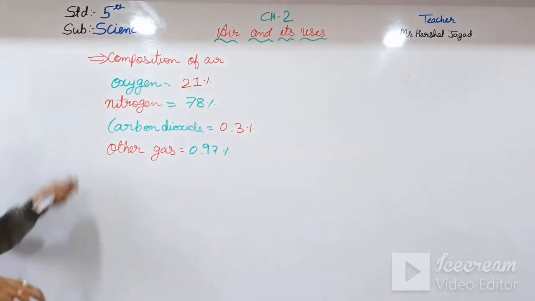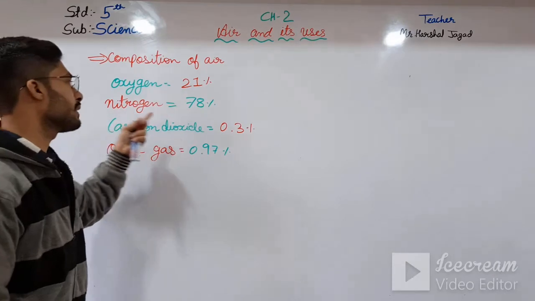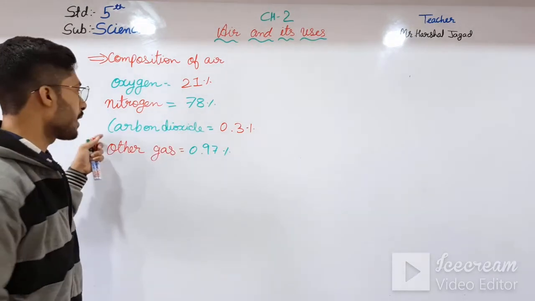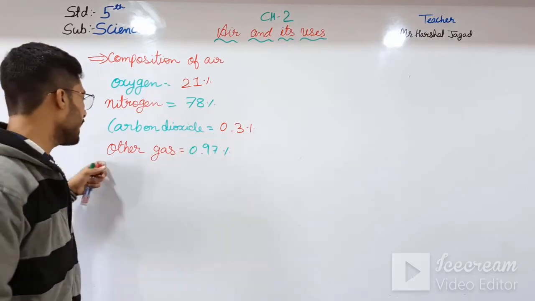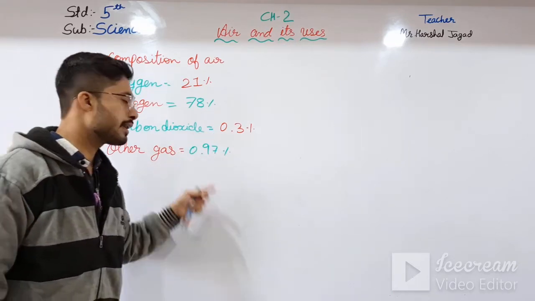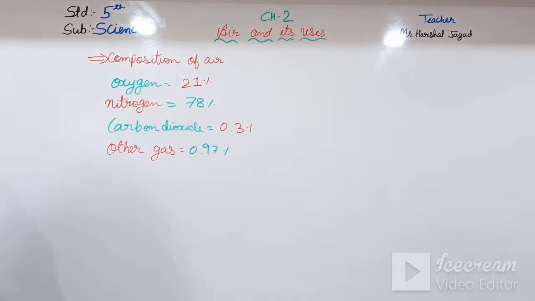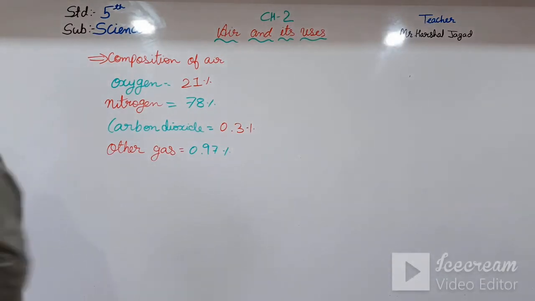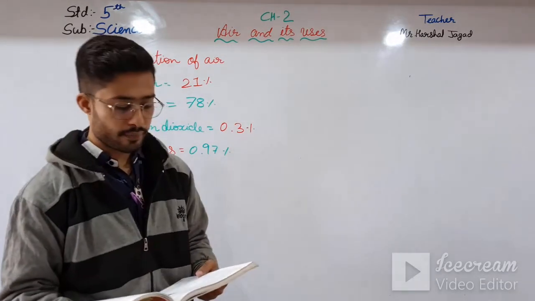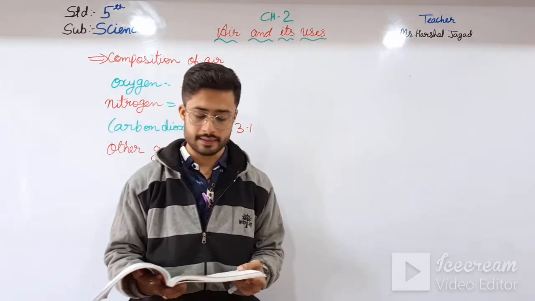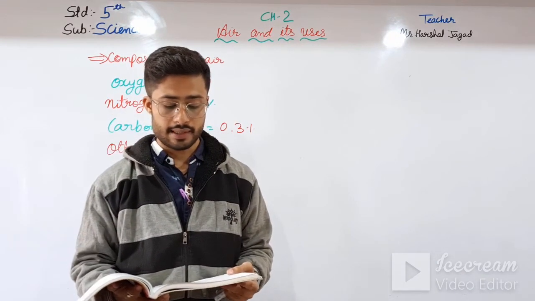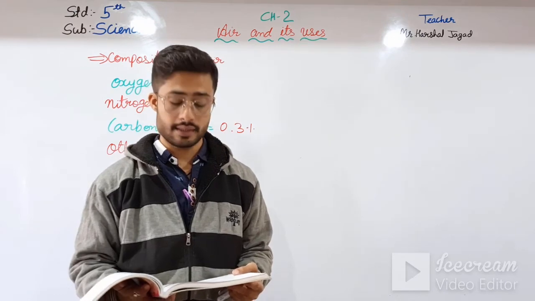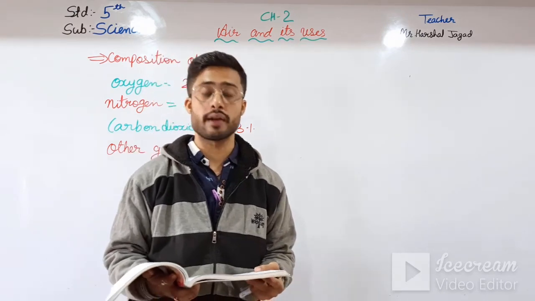So oxygen is about 21%, nitrogen is about 78%, carbon dioxide is 0.3%, and other gases are 0.97%. Okay, see here, air is a composition of various gases. It contains oxygen, nitrogen, carbon dioxide, water vapor, and some other gases in very small quantities.